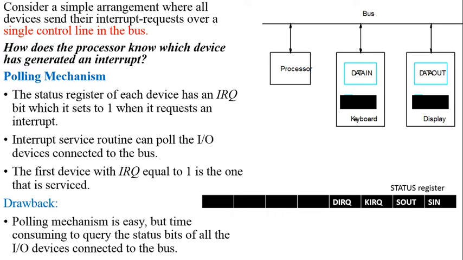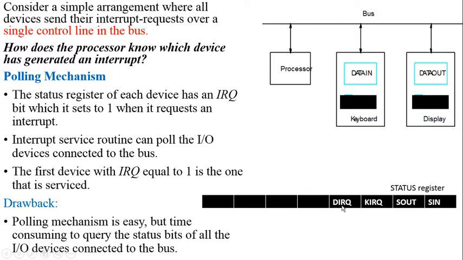But here, the status register of each device has an IRQ bit which is set to 1 when it requests an interrupt. The device in the I/O device interface is associated with a status register, and the status register has a special bit, the interrupt request bit.